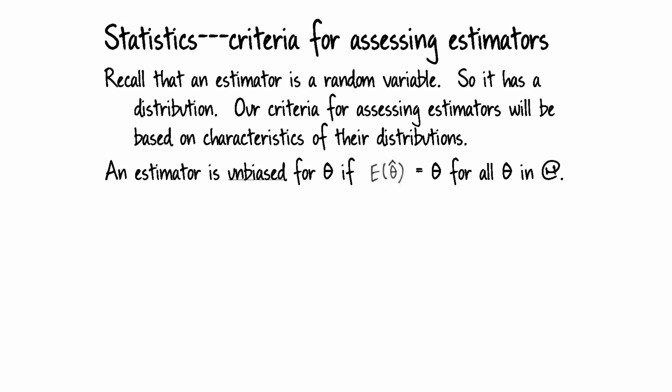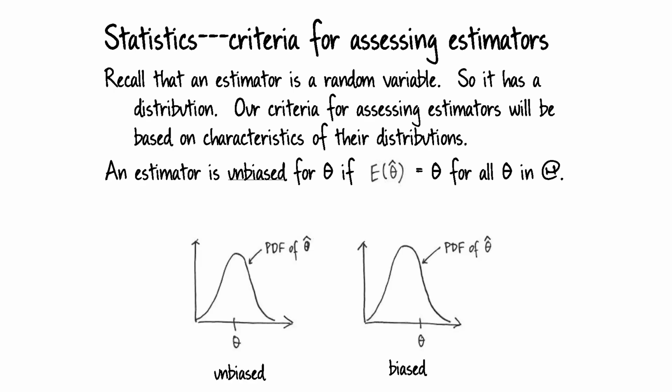Okay? And last time we saw the first criterion that one might want to use to choose among estimators, and that was unbiasedness. Okay? So an estimator is unbiased for theta if the expectation of the estimator is equal to the parameter we're trying to estimate for all possible values of the parameter. Okay? And then I drew a picture, and I said, remember an estimator is a function of random variables, so it itself is a random variable, so it has a distribution.